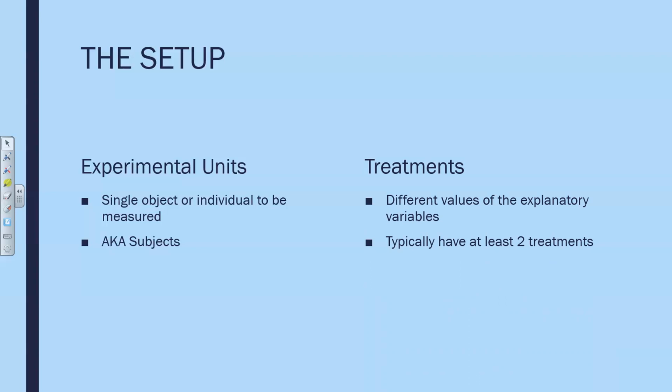So if I'm thinking about my roses, I have fertilizer A, fertilizer B, fertilizer C, and no fertilizer at all. So in this case, kind of depends on how you look at it. You either have 3 treatments, because you got fertilizer A, B, and C, and then I got one where I'm not doing anything.